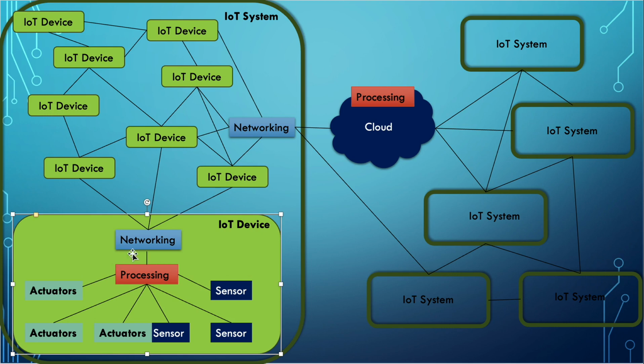And each and every IoT device can support other IoT devices to make a network of its own, and those devices can directly connect to the network itself. So this is a network of IoT devices working together.